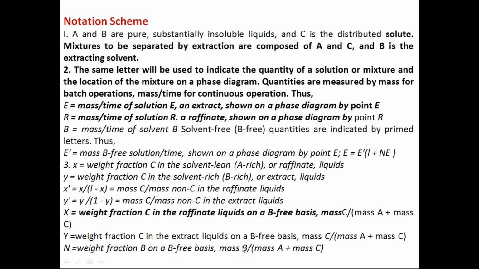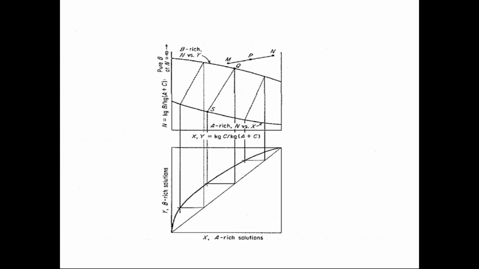So you can calculate mass of B divided by, in the denominator, only mass of A plus mass of C. Here B is not included. In that way N will be calculated. So just remember this notation, because it will be used when we discuss the process principles of extraction. We can also draw this.